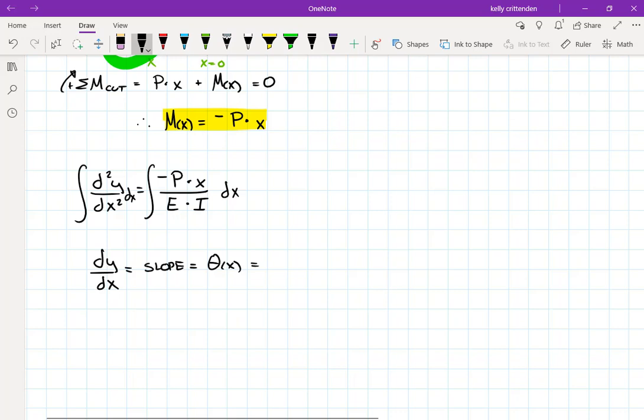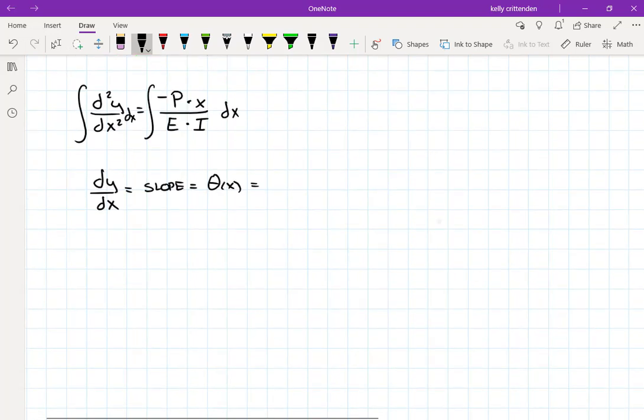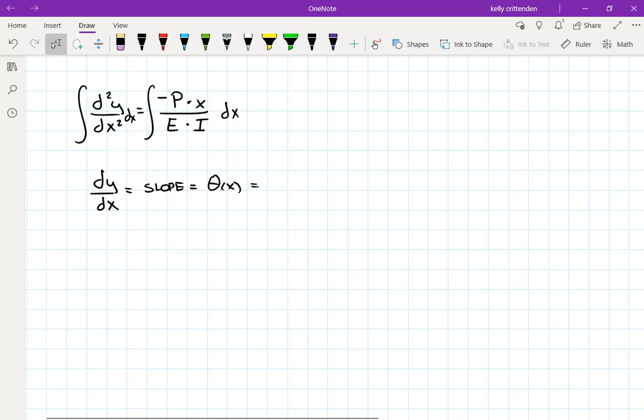I shouldn't have to worry about them changing from one end to the other. So when I do this, I basically end up integrating negative Px. I can take the 1 over EI outside, and I could take the negative out also, I suppose. I just left it in there.